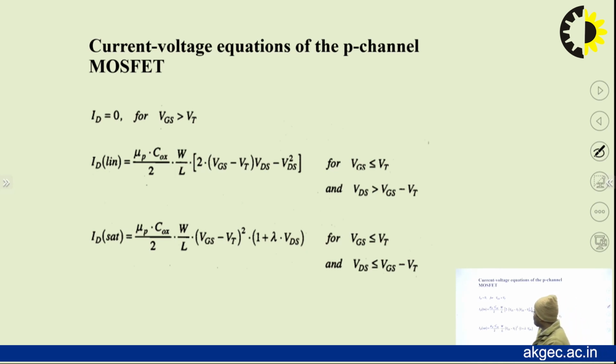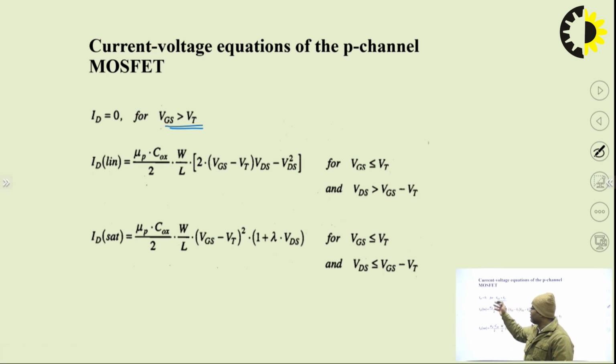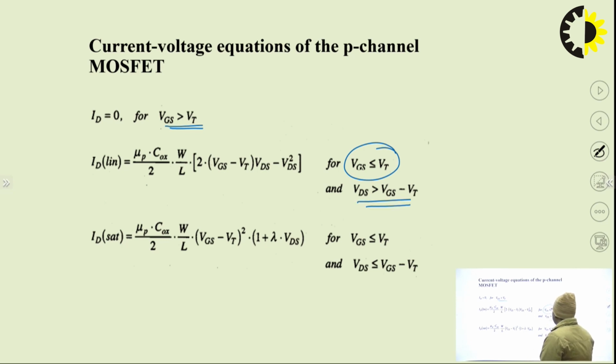For the p channel MOSFET, we have to apply negative VGS. So for VGS greater than VT, there will be no current. For the p channel MOSFET to operate in the linear region, we should have VGS less than or equal to VT and VDS greater than VGS minus VT. So these equations are derived for the p channel MOSFET.